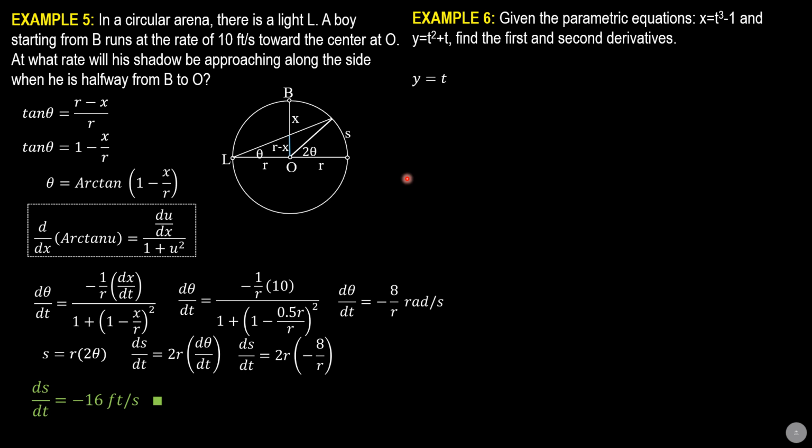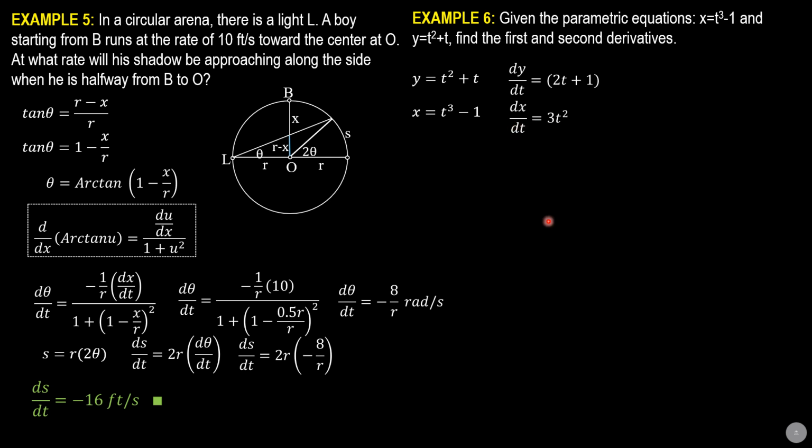So given y equals t squared plus t, take note that we have parametric equations, but dy/dx is dy/dt over dx/dt. So the derivative of y with respect to t is 2t plus 1. While, because x is t cubed minus 1, the derivative of x with respect to t is 3t squared.